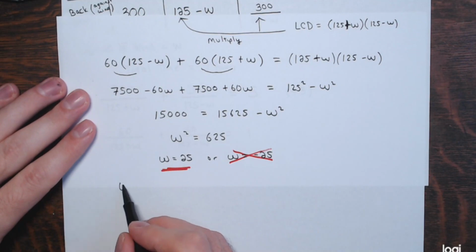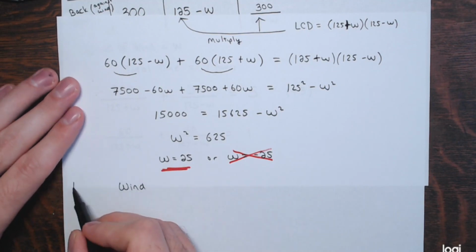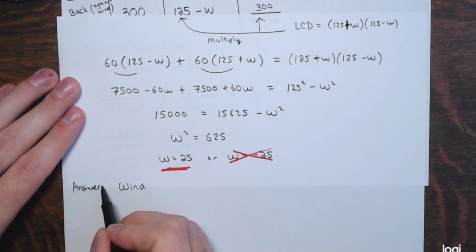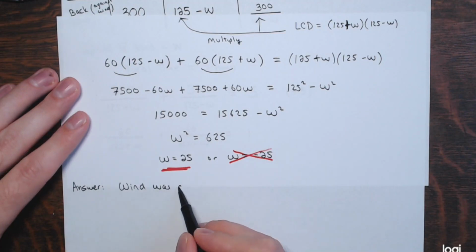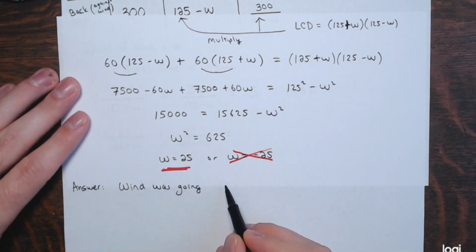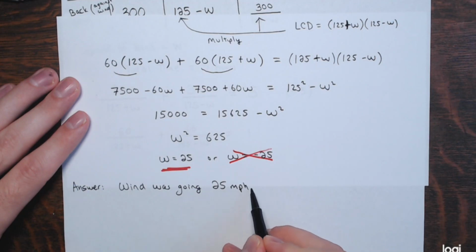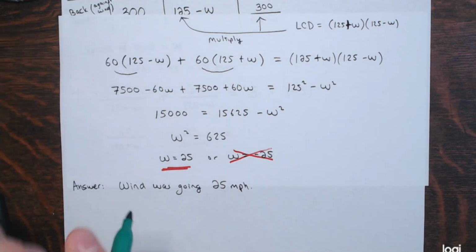So my answer to this question is the wind was going 25 miles per hour. And let's double check that.